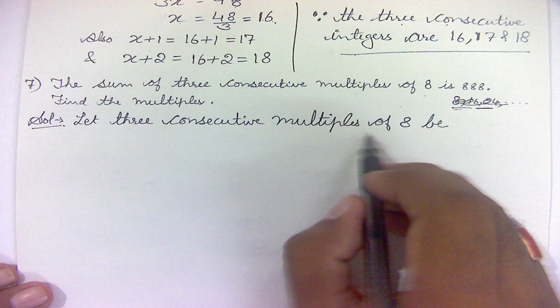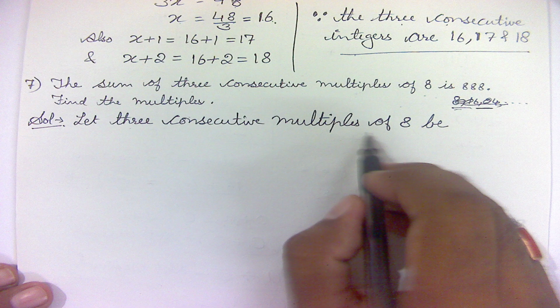After doing this, now what was the first integer? 8x. So it is 8 multiply 36. Now 8 multiply 36 will give you 288. Then you have 8x plus 8. That is 8 multiply 36 plus 8.